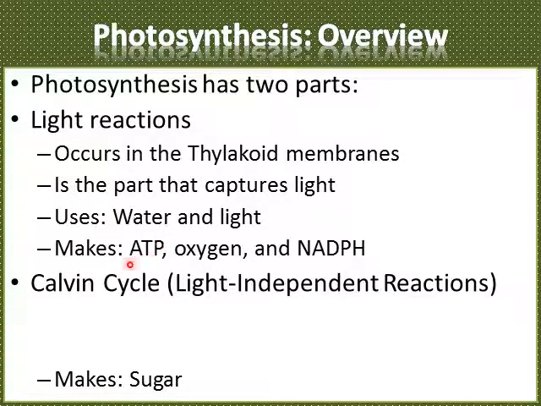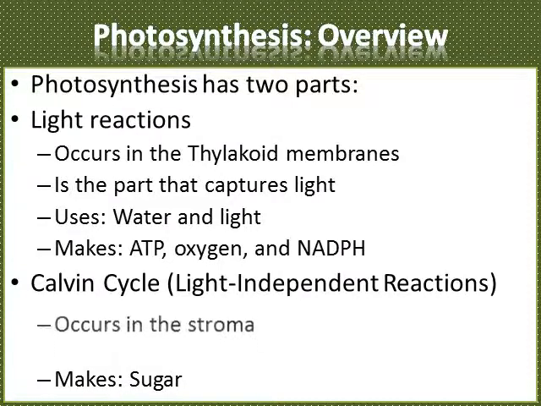We've talked about ATP a little bit before, but we're going to review that again in just a little. Oxygen is a gas. It's that molecule that we need in order to breathe. And NADPH is what's known as an electron carrier, and we'll go into more detail about that in a little bit as well.